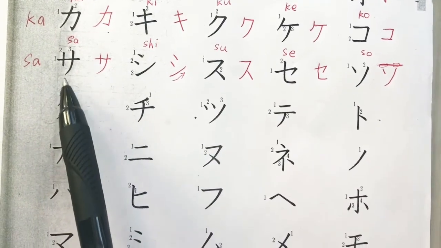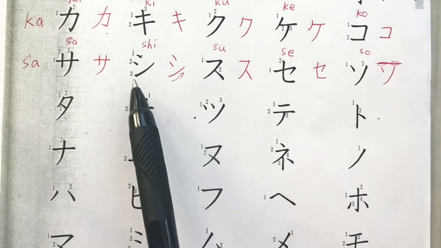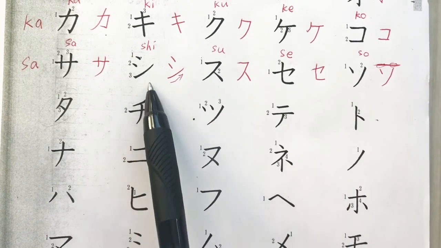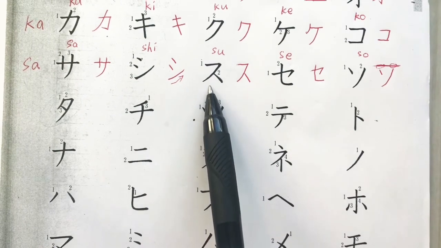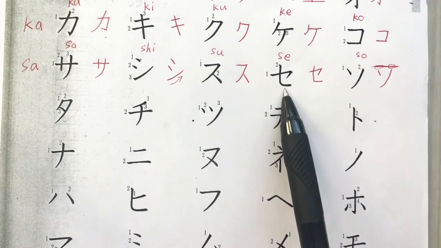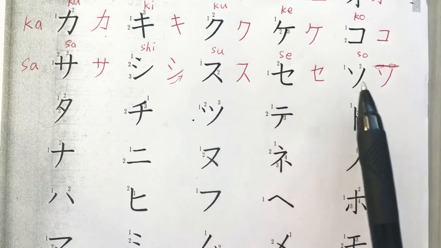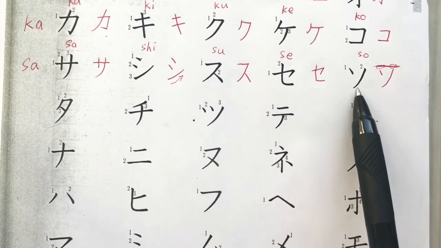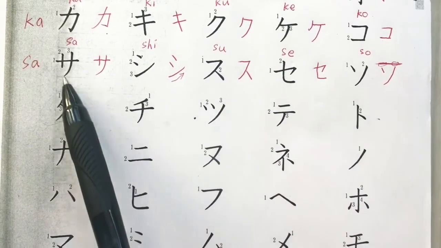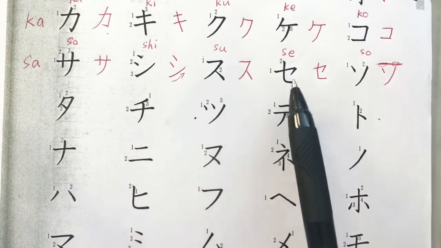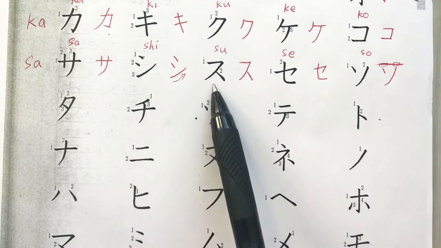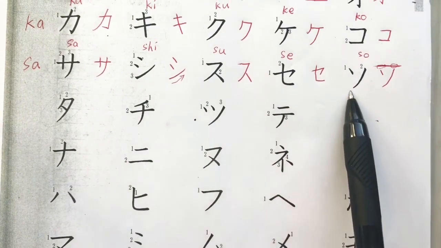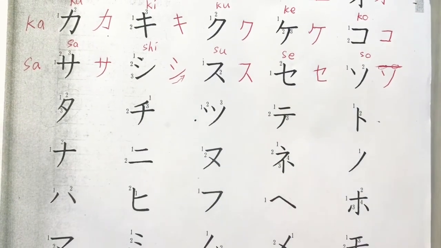Sa, shi, su, se, so. Sa, shi, su, se, so. Okay, this is the sa line.